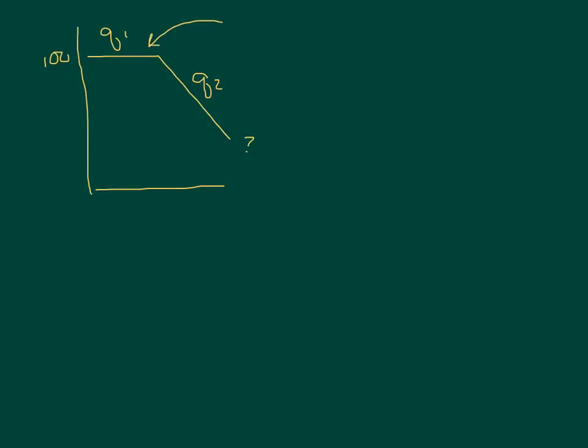So let's sketch the graph again real quick. And we just found that the amount of energy required to move along Q1 is equal to 90,400.